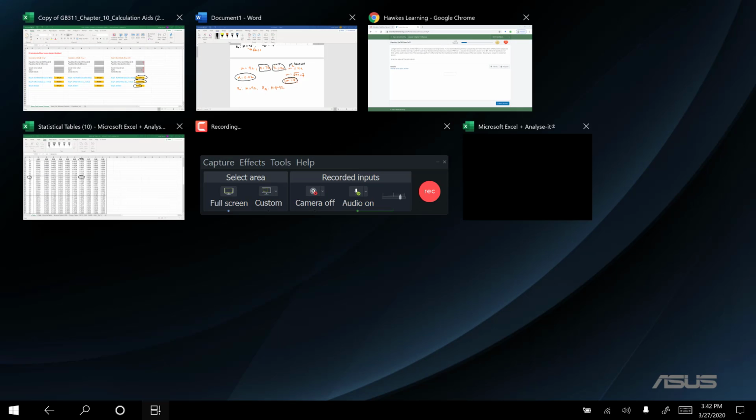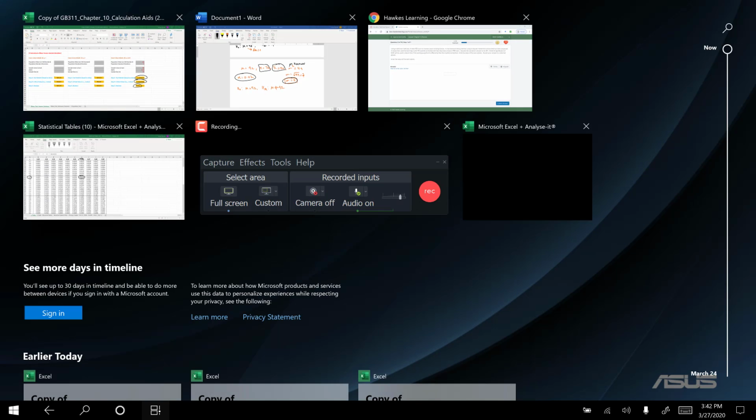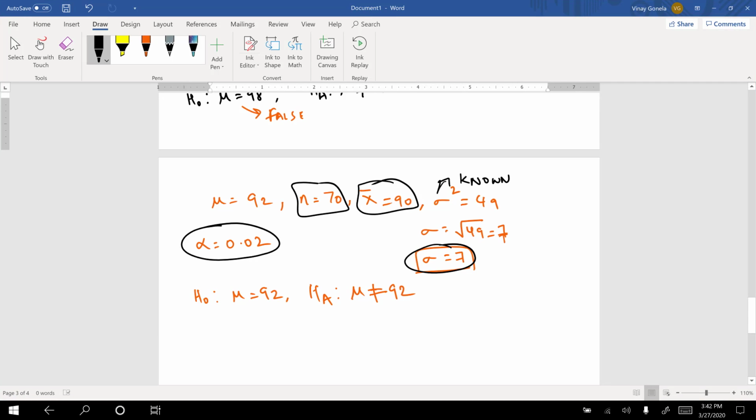So one of the things is we reject the null hypothesis, that means this is false.